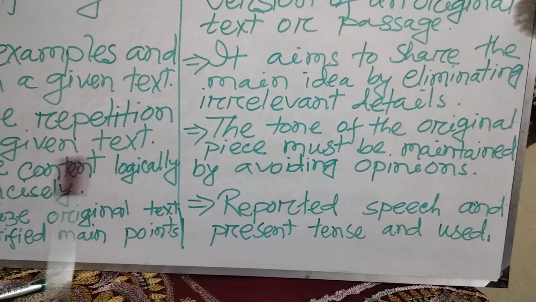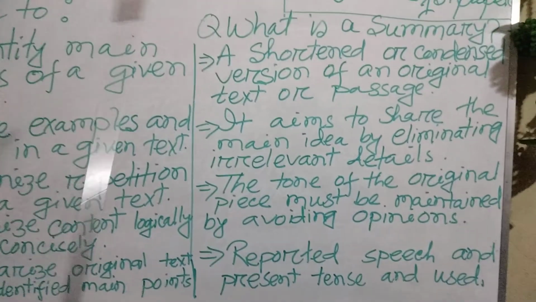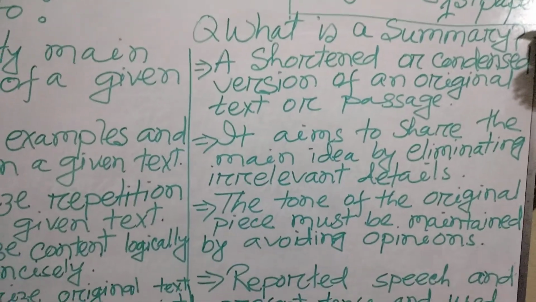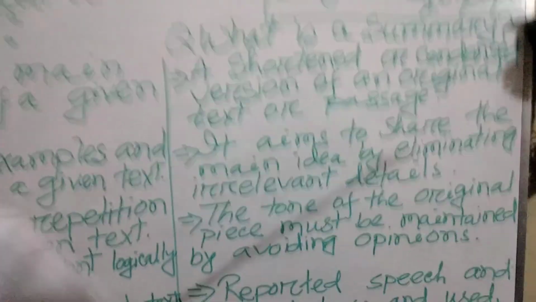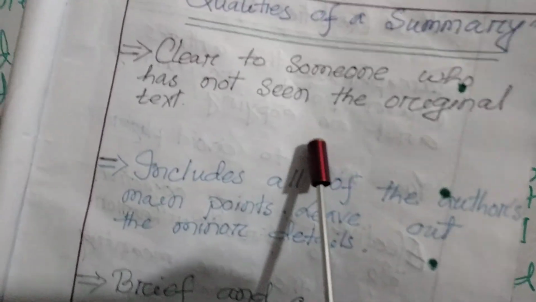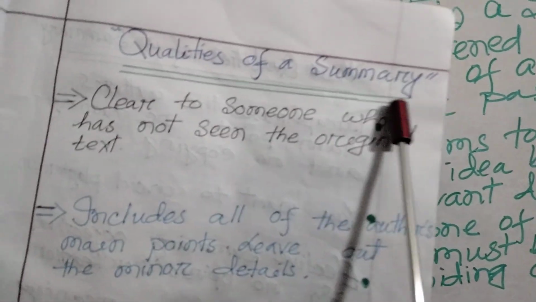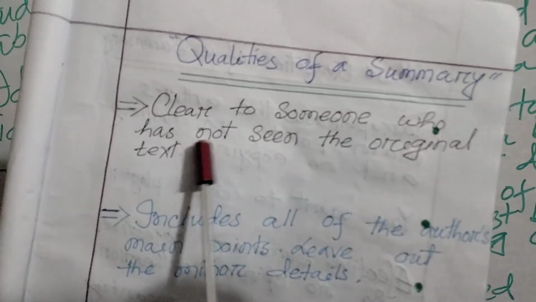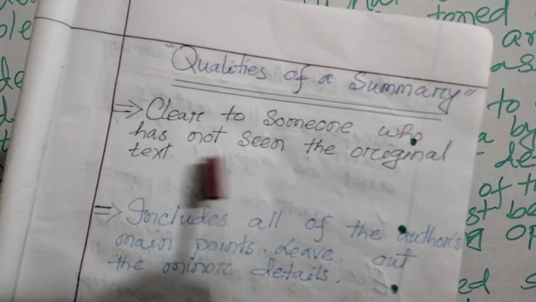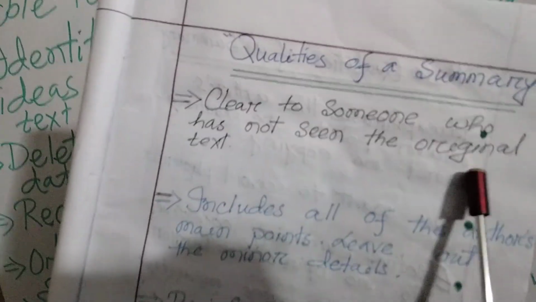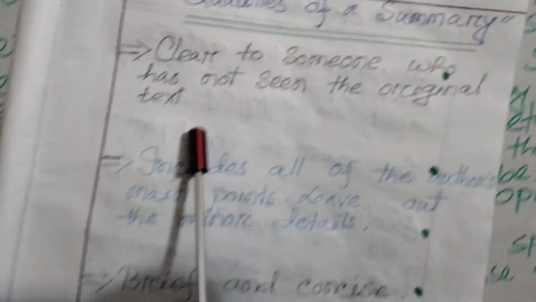Okay, all of you, now we will know qualities of the summary. You can see I have written for you in a copy qualities of a summary. I have written: clear to someone who has not seen the original text. So you must be clear to someone who has not seen the original text.